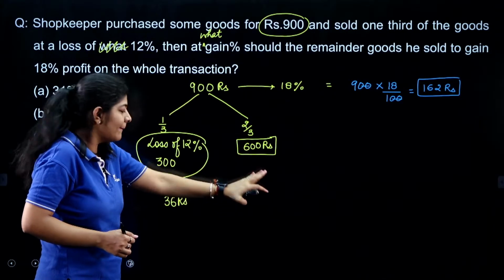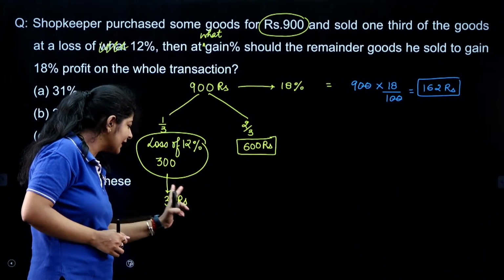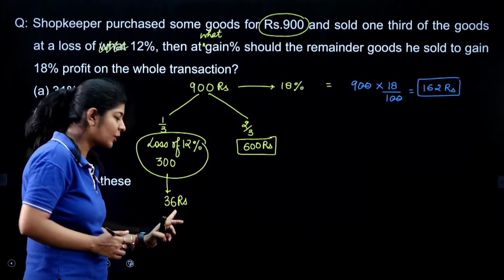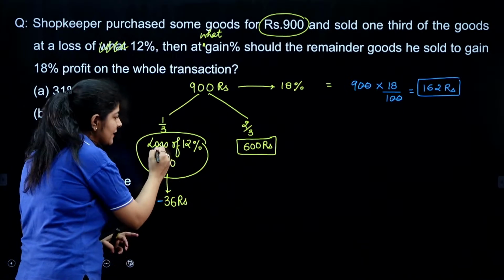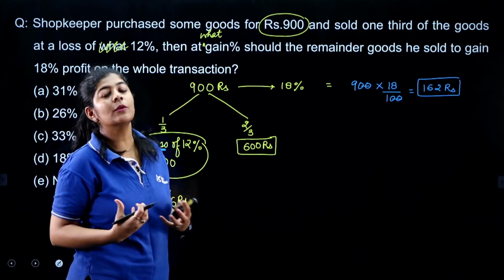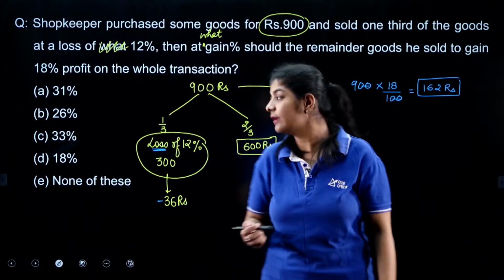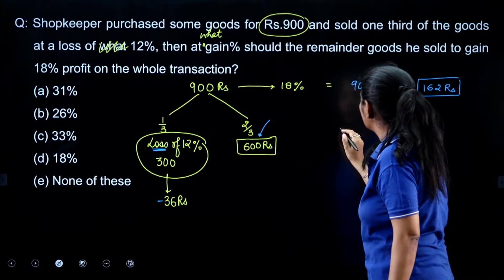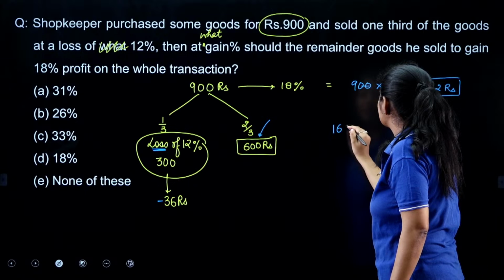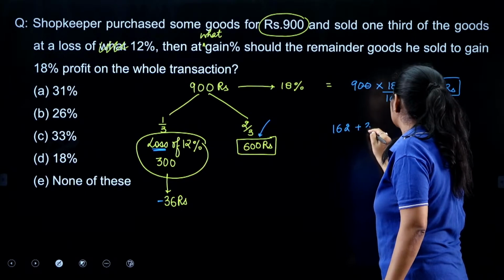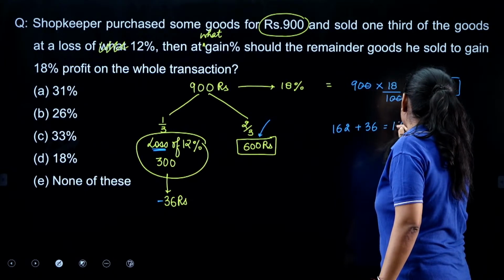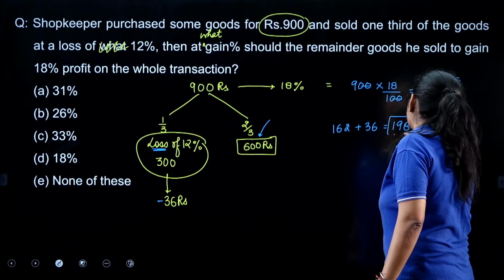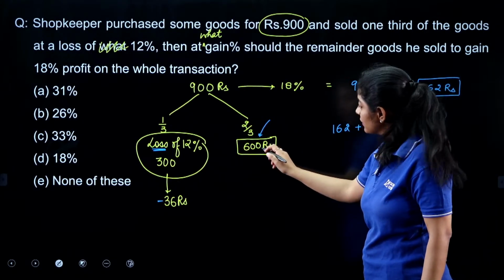But we also need to take care that he is compensating this amount, because this is in the negative, this is the loss. So the overall profit that he wants to earn on this particular amount is 162 plus 36. That means he has to earn 198 rupees on this one.